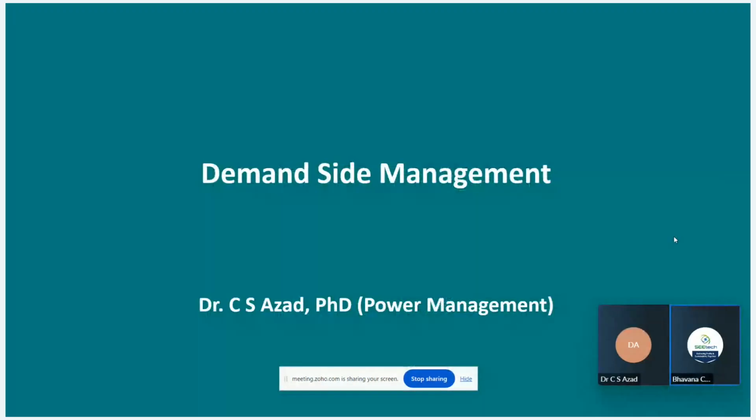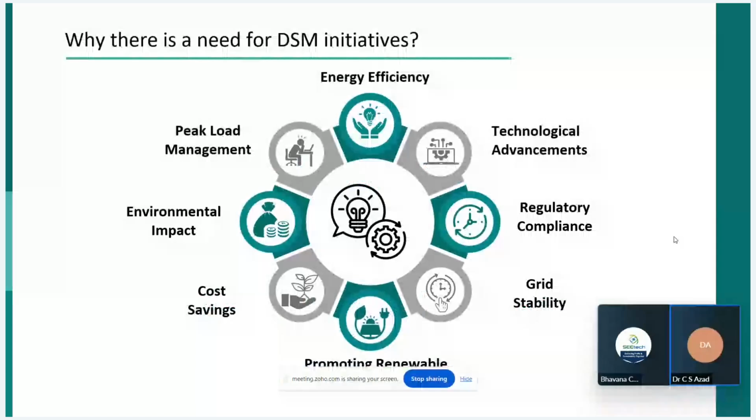Okay, let us move to the first slide. We were discussing why there is a need for the DSM initiatives. Demand side management is required due to various reasons.